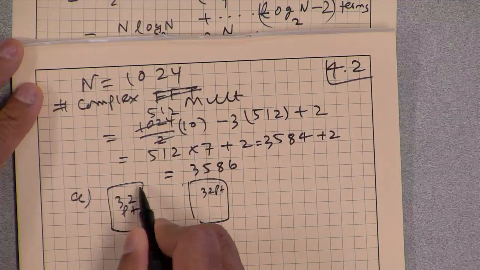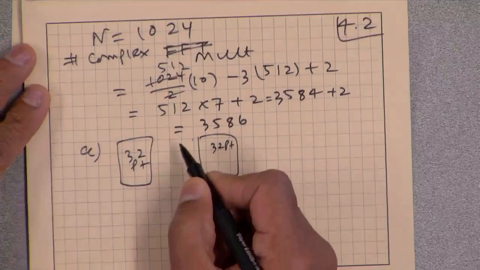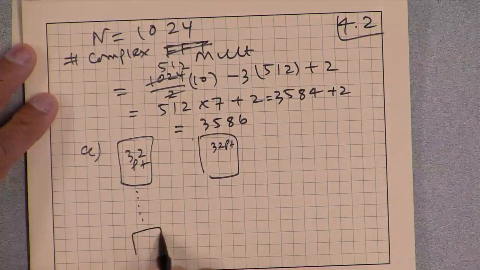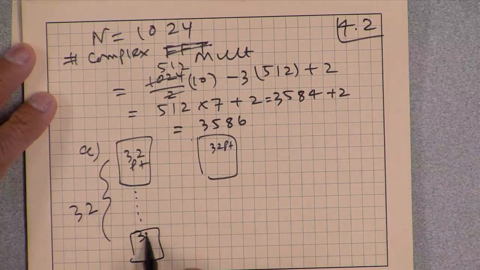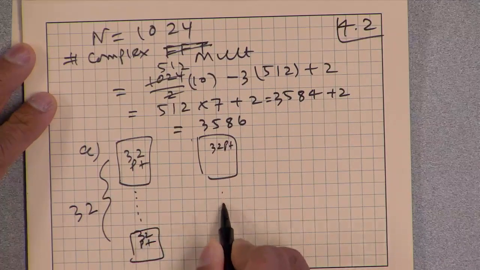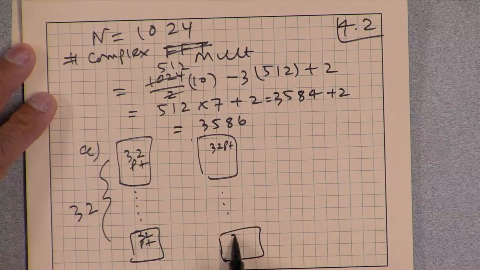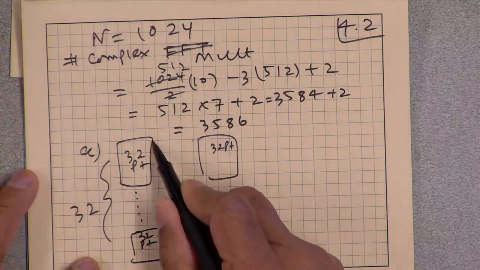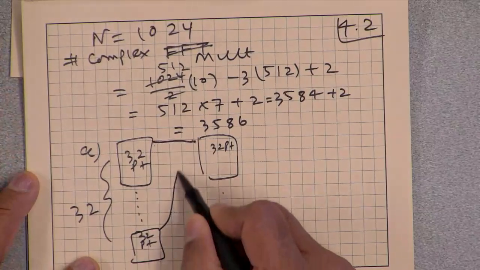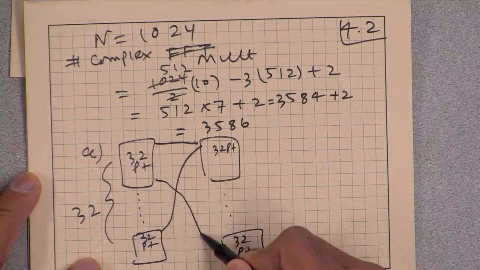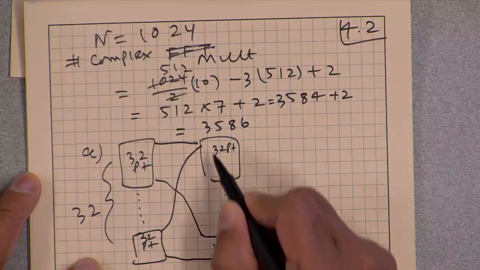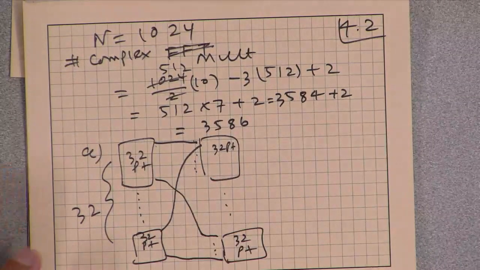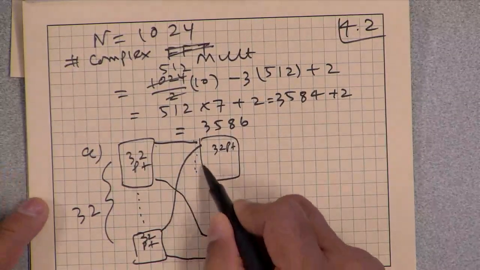We have 32 point FFTs, and same here, and then take the first term each and then the last term. Oh, this should really be at the bottom.